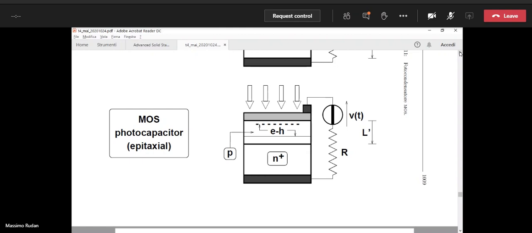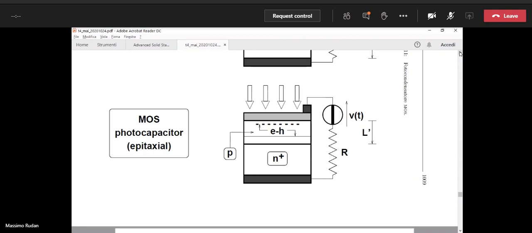And then on top of it, by a suitable technological process that is called epitaxy, it is indicated in the label on the left, it's an epitaxial process, we grow a thin layer of the p-type on top of the N+ substrate.